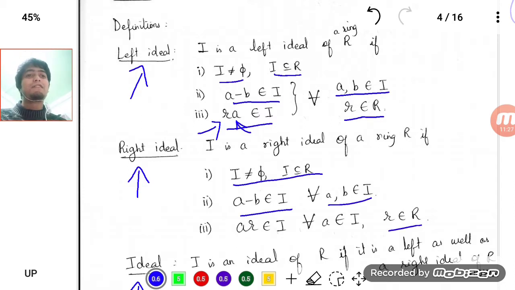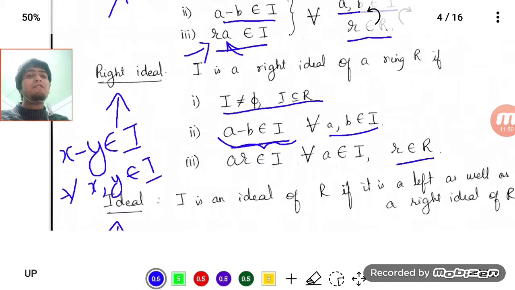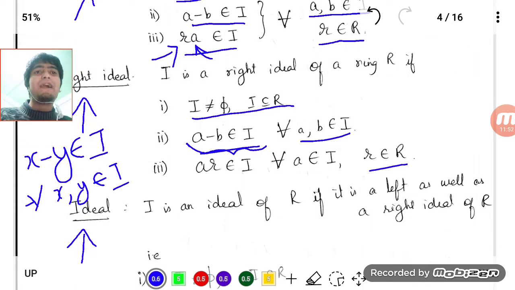r belongs to R. Again, let me remind you, over here we are just using notations. So instead of a and b, you may as well use x and y. It doesn't really matter, x1 or y1. So if you use these instead, you will say x minus y belongs to I for all x, y belongs to I. It doesn't really matter because we don't know what the elements of R look like.